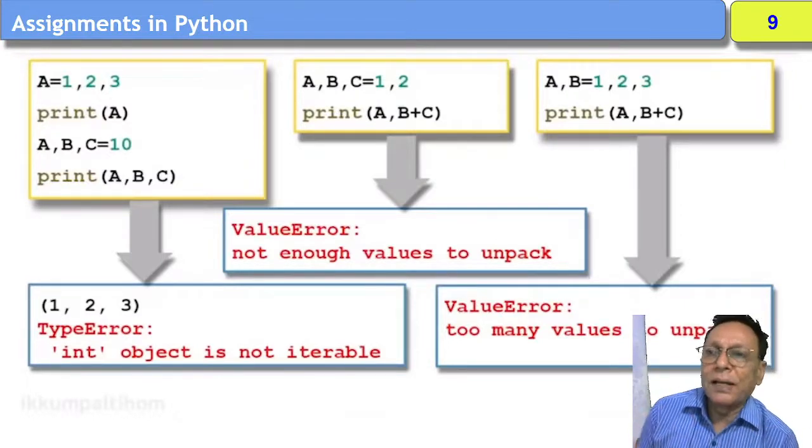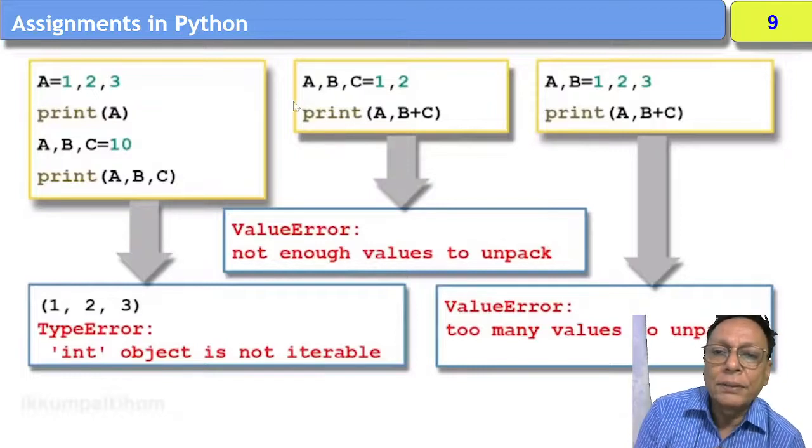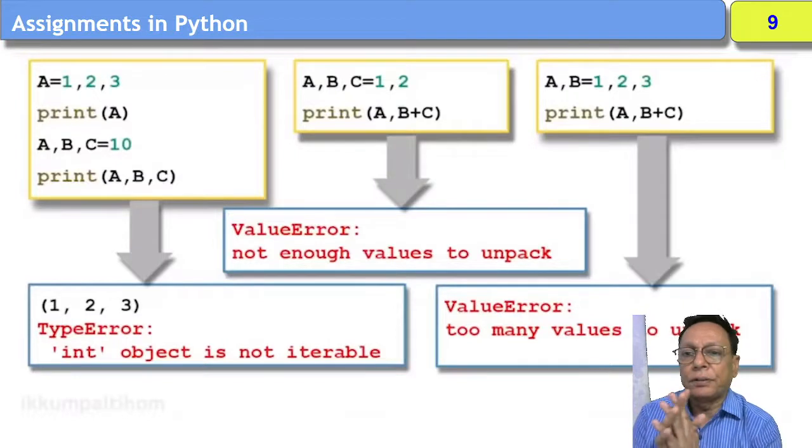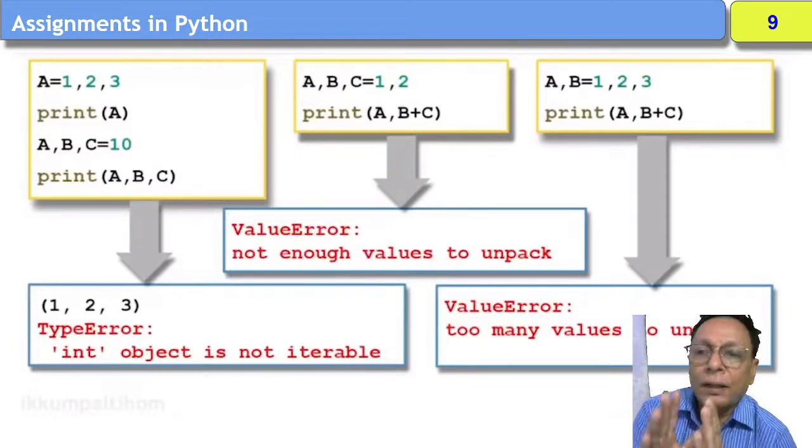So on the left hand side we have 3 identifiers, but on the right hand side we have only 2 literals, and that is why it shows the value error: not enough values to unpack. That is 1 literal less, and that is why it gives the error.